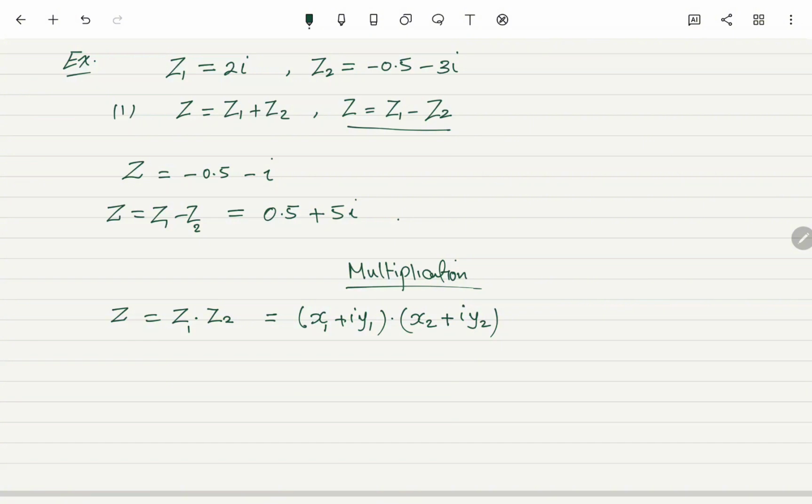In multiplication, we just distribute this one on both real and imaginary, and this one on both real and imaginary.